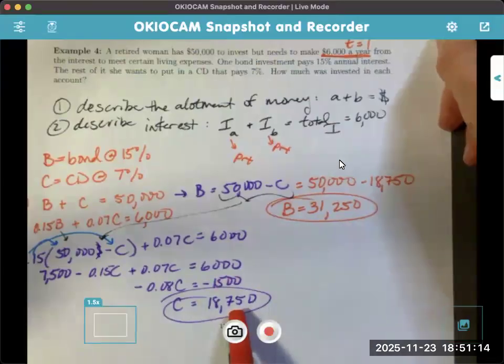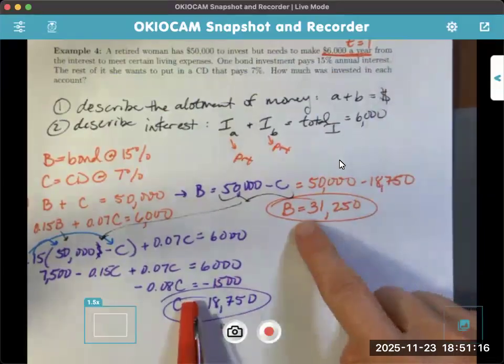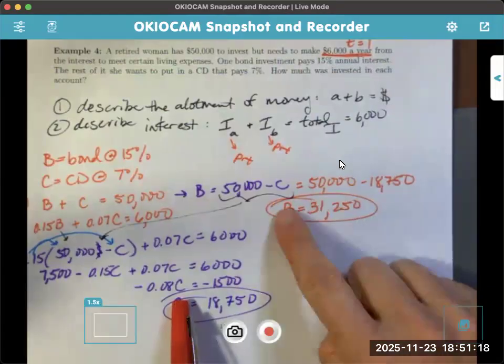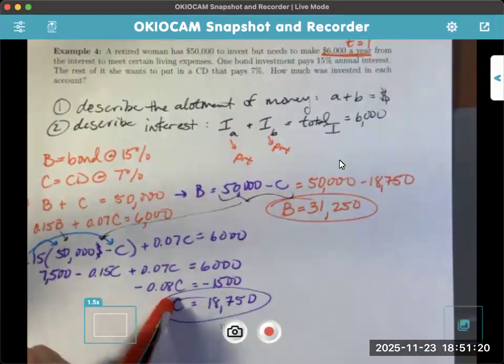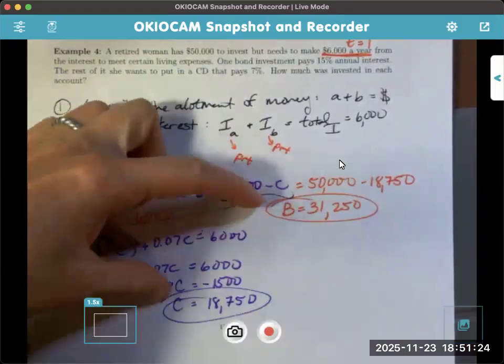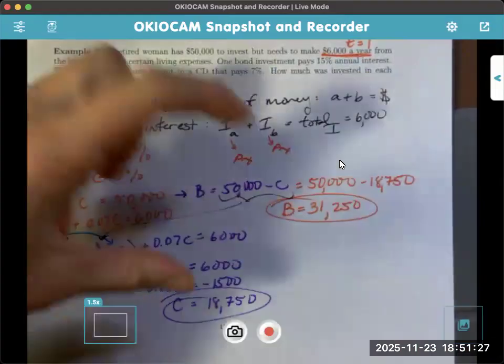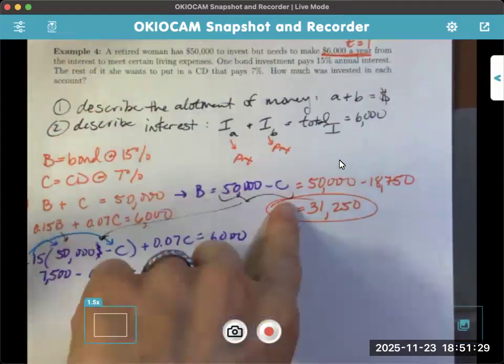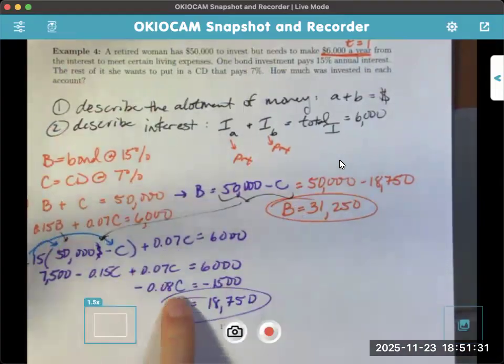One thing I will say is, make sure that you know exactly how much went into each bank. It's super easy to accidentally say, well, this is C, this is B, right? Don't accidentally do that, because I can guarantee you, for the final exam, multiple choice, A might be that C equals this and B equals this.